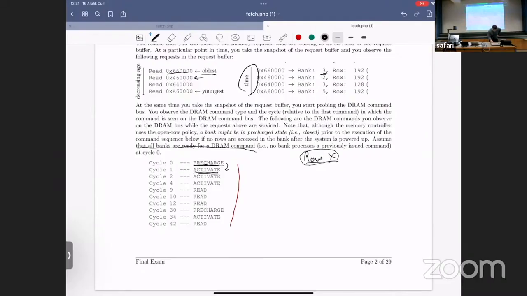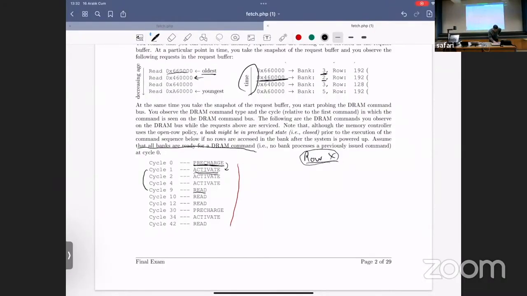So if we do that, then that second request activated bank 2, right? And the read command that's executed immediately after the activate command is also to serve this request that targeted bank 2.